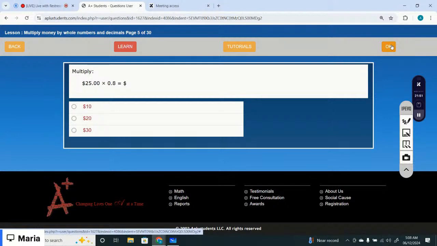0.8 times 25. So which is the correct option? That is option number 2, 20 it is.